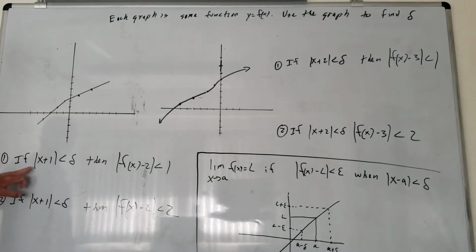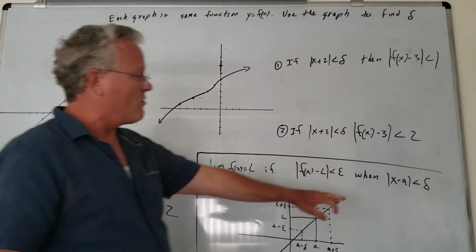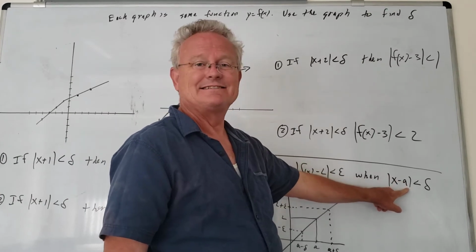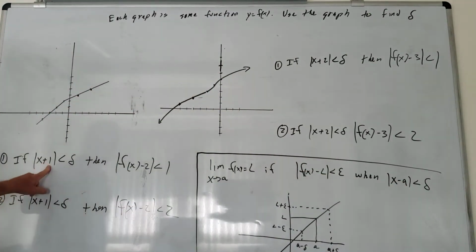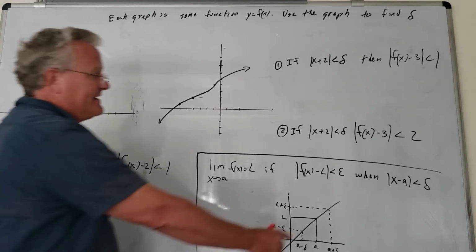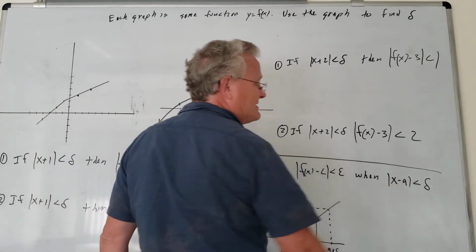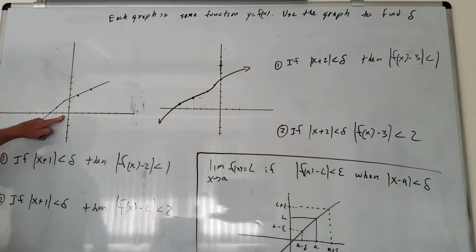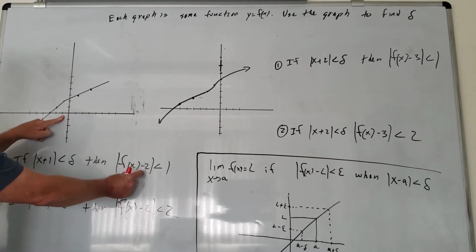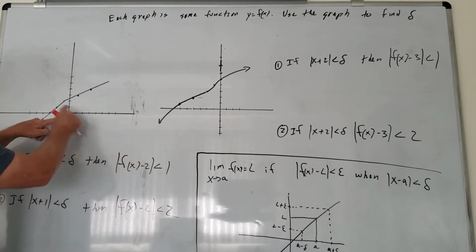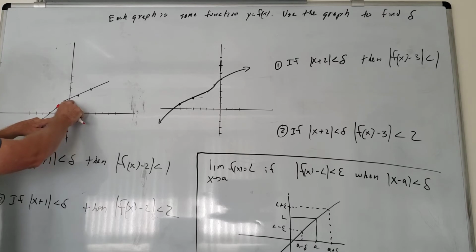All right, so if the absolute value of x plus 1 is less than delta, well, the form is x minus some number. So the number a here is -1, because we could think of this as x minus a, where a is -1. When we're approaching -1, our y value is 2, because 2 is what the limit is.